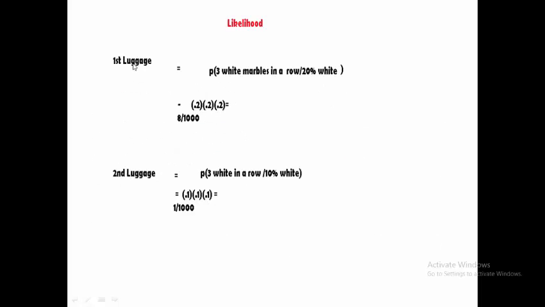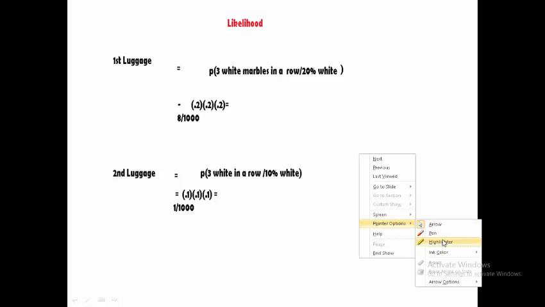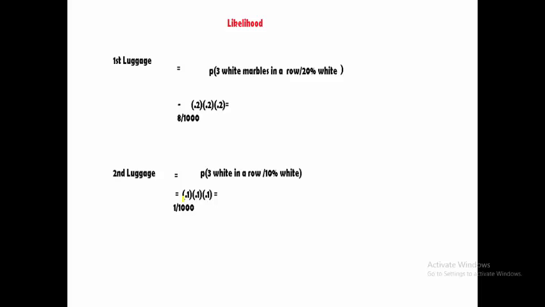We have applied the formula percent white: 0.2 multiplied by 0.2 multiplied by 0.2. That is because it's 20% white in the first luggage, and the answer we get is the likelihood for the first luggage, while the likelihood for the second luggage is 0.1 into 0.1 into 0.1, that is equal to 1 by 1000.